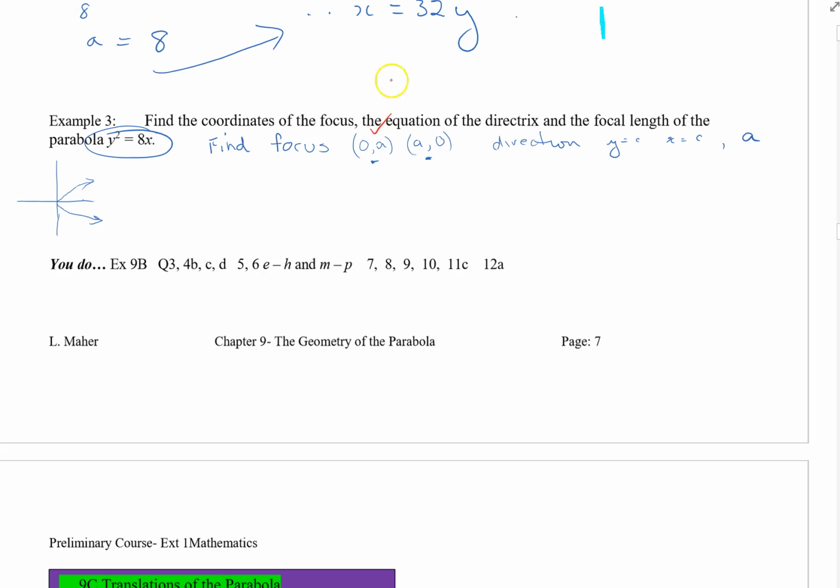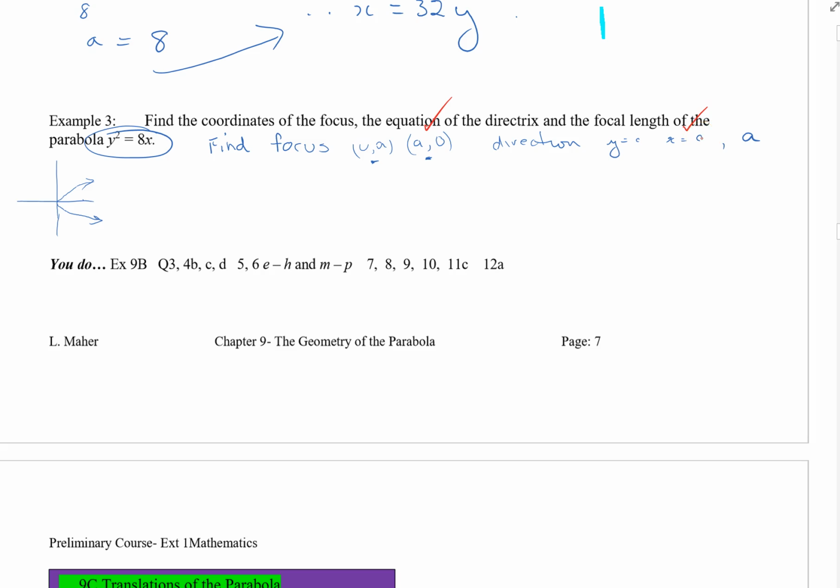We want to move over to a, and we're not going anywhere vertically. Our equation will be a vertical line, so we want x equals a.